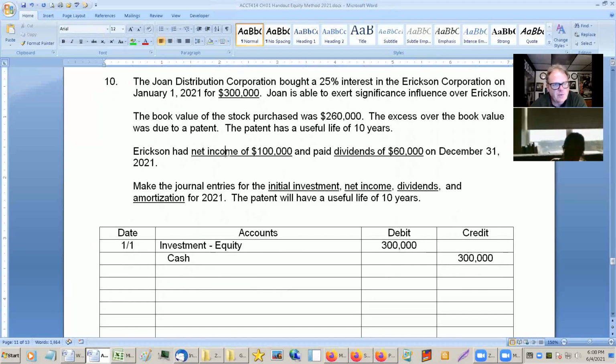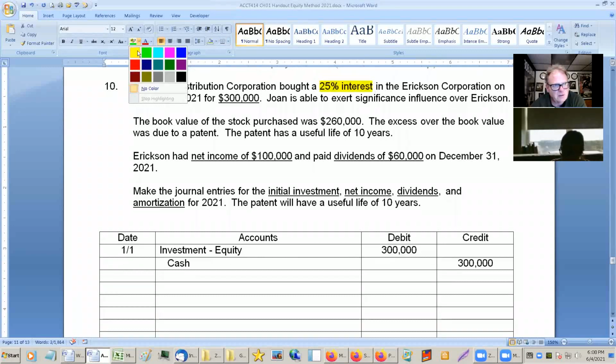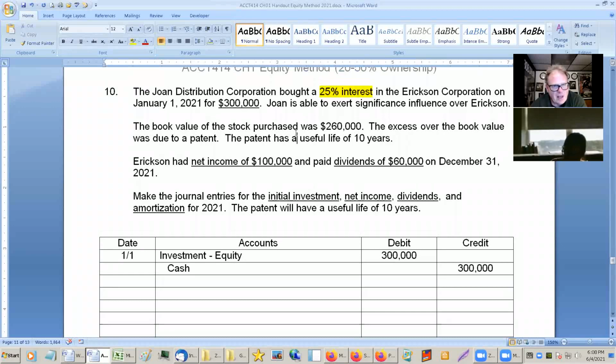Okay, so the rest of this is kind of straightforward. So it's a 25%. But again, these are already at the 25%. So this is what they paid for the 25%, 300,000. And the book value of the 25% is that.